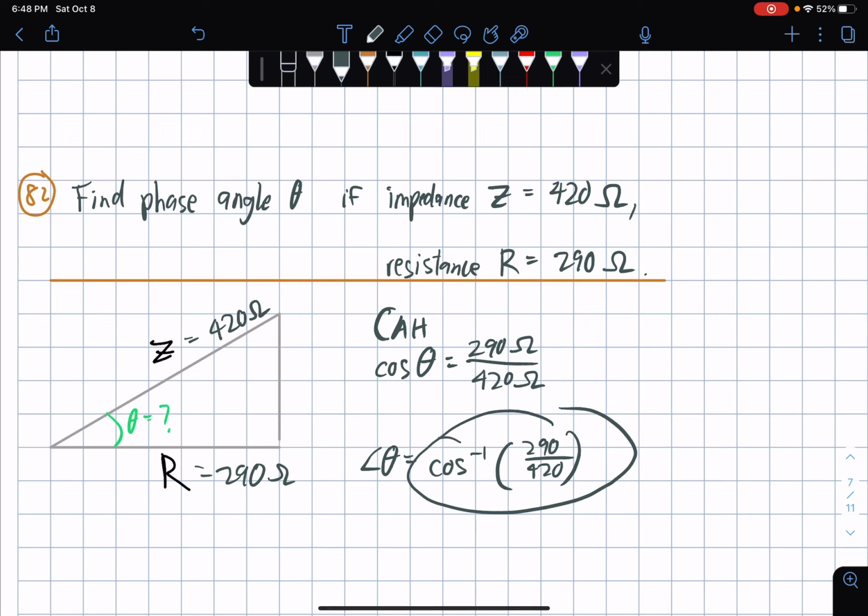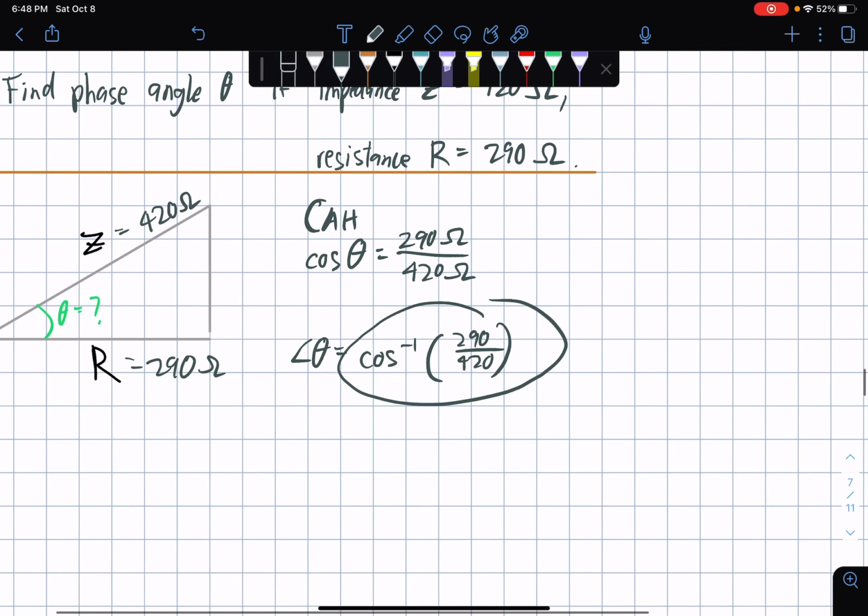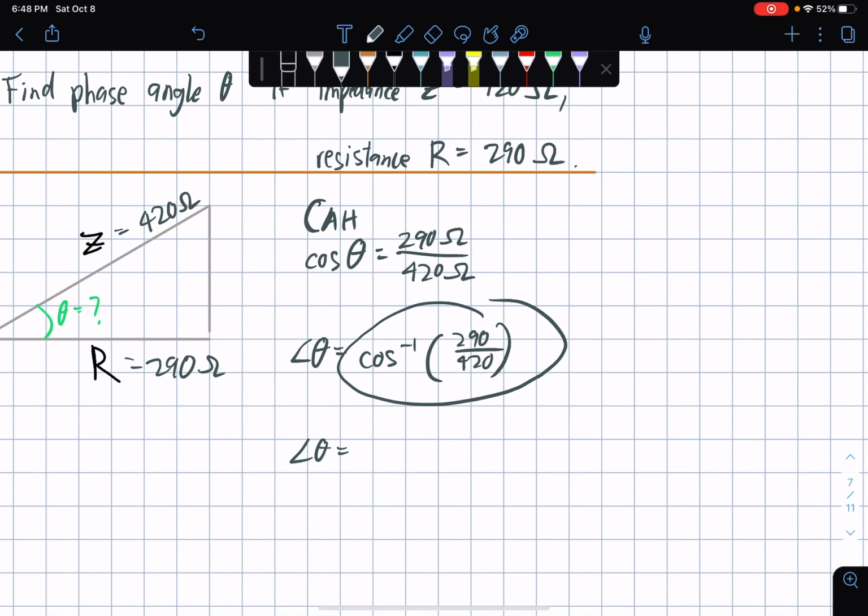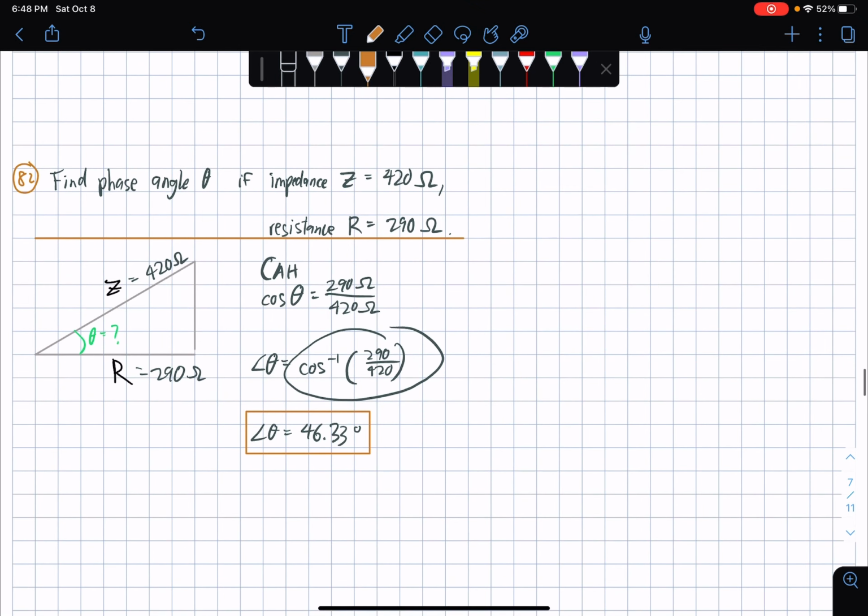In order to write arc cosine, just press shift and cos. So we get a specific value of 46.33 degrees. This is the final answer for number 82.